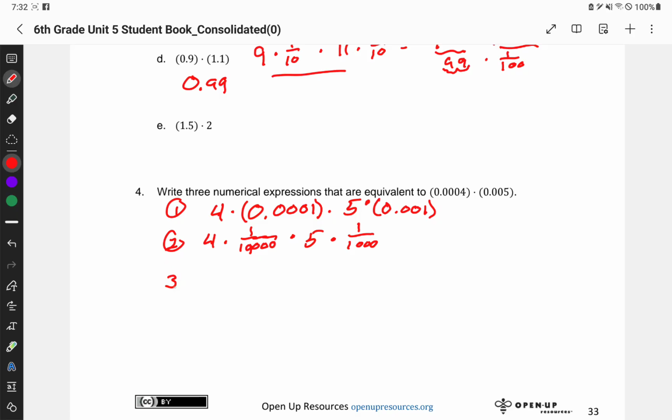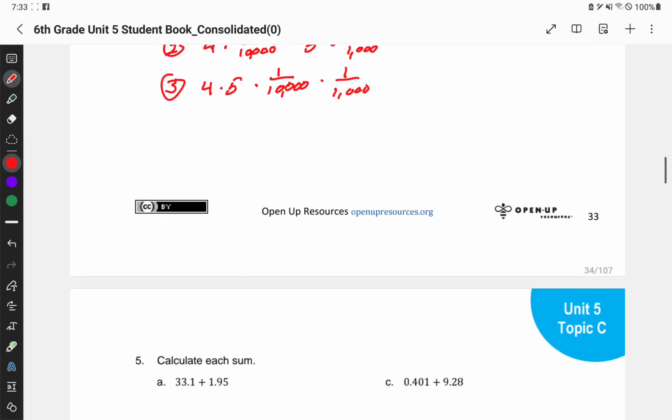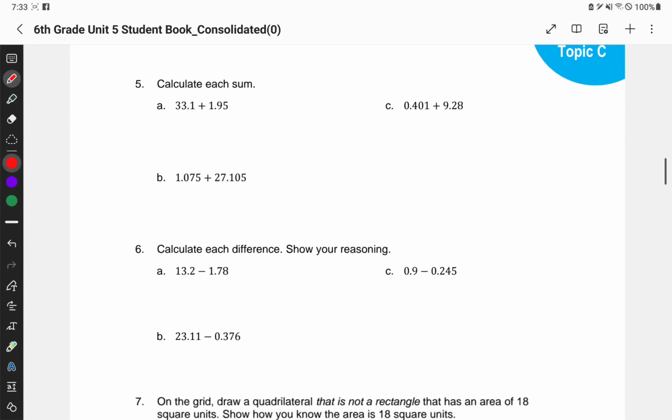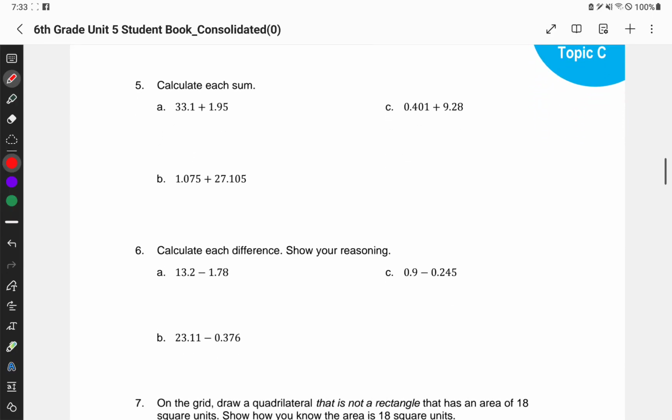And a third way, 4 times 5 times 1 over 10,000 times 1 over 1,000. 3 different ways. And then we've got add and subtract. Again, I'm not going to do all of them. I'm just going to do a couple.